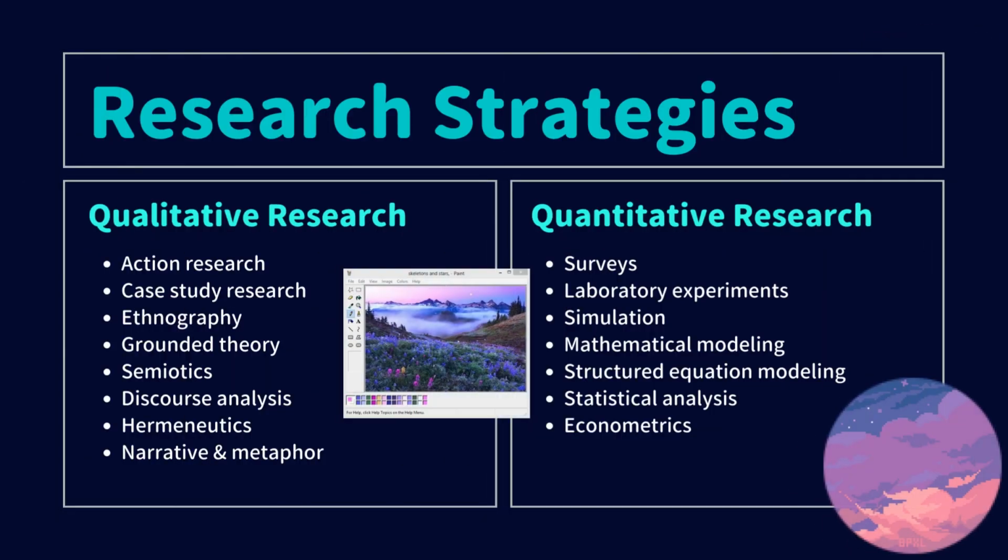Basically, there are many types of qualitative research and quantitative research. For example, in quantitative research, the most common method or type that we use is surveys or laboratory experiments. We can also use structural equation modeling such as PLS, statistical analysis, econometrics, simulation, and mathematical modeling.